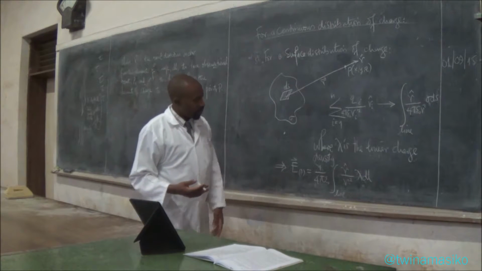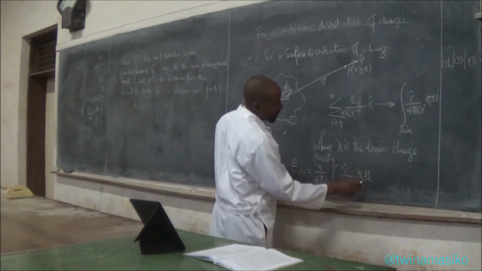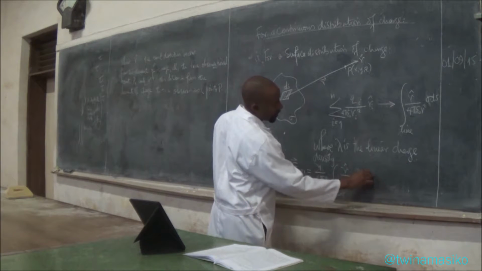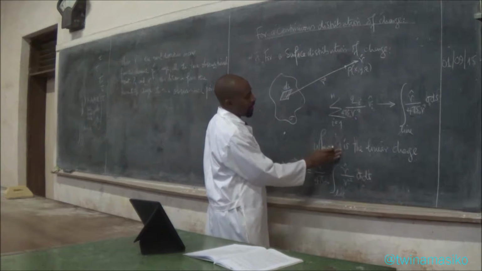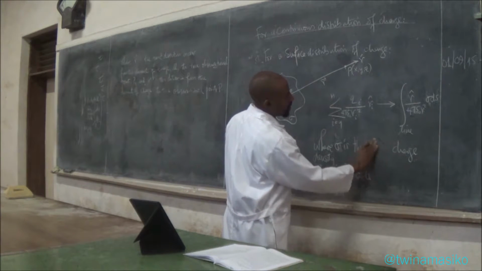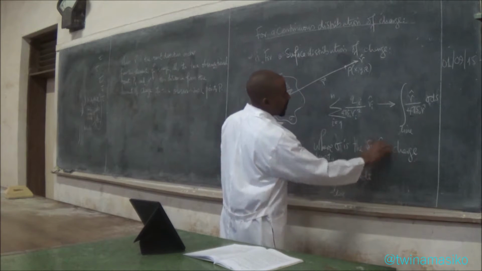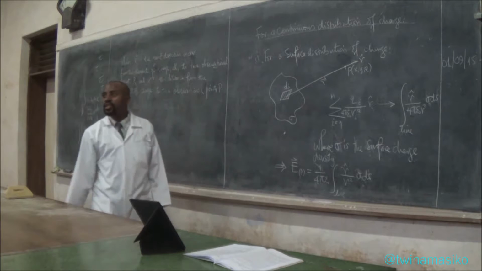So here, once we put everything there, we have sigma here, we have S here, and sigma is the surface charge density.